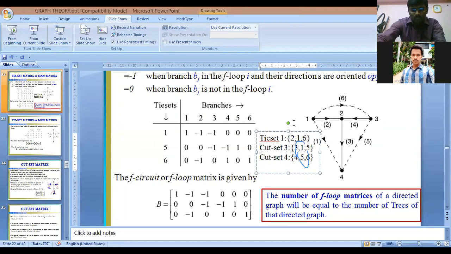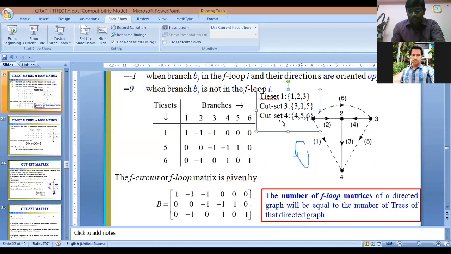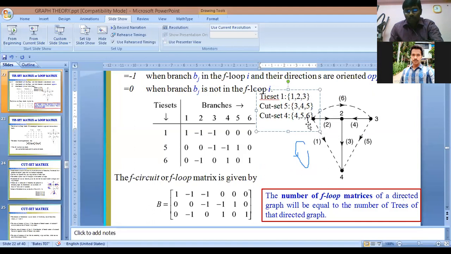Tie set 5 consists of 3, 4, 5, and tie set 6 consists of 2, 4, 6.